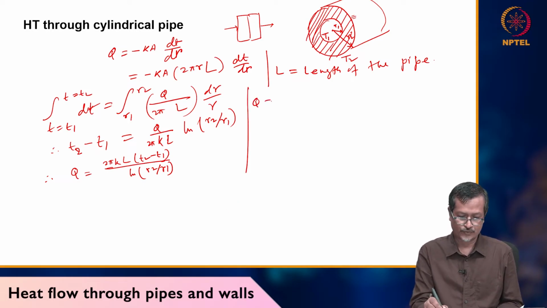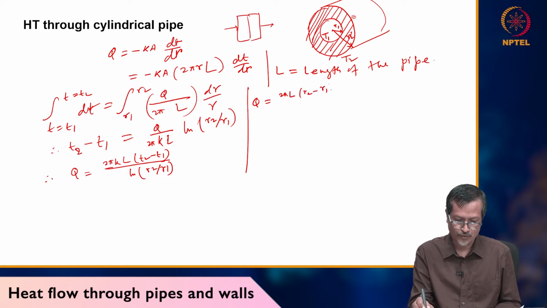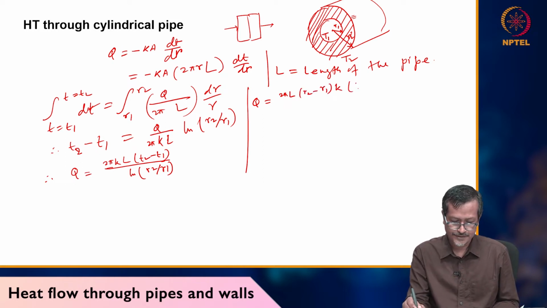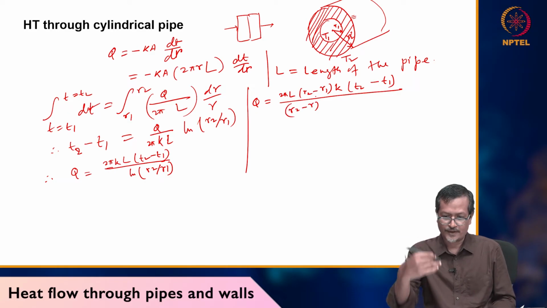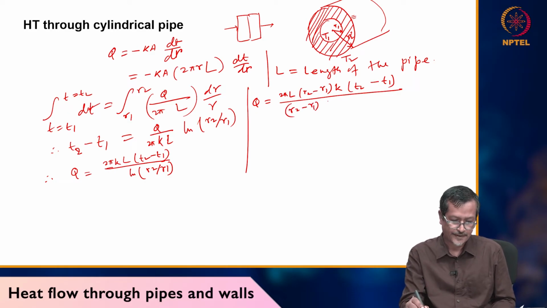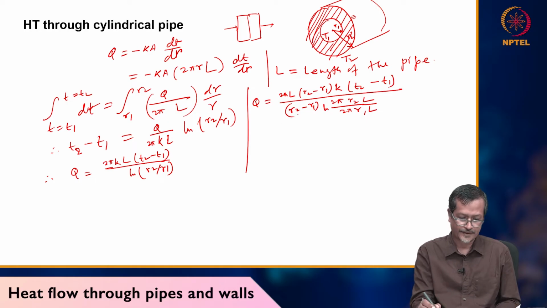Now Q equals 2 pi L (R2 minus R1) K (T2 minus T1), multiplying R2 minus R1 up and down, and in the numerator and denominator both 2 pi R2 L, 2 pi R1 L. This is logarithmic.